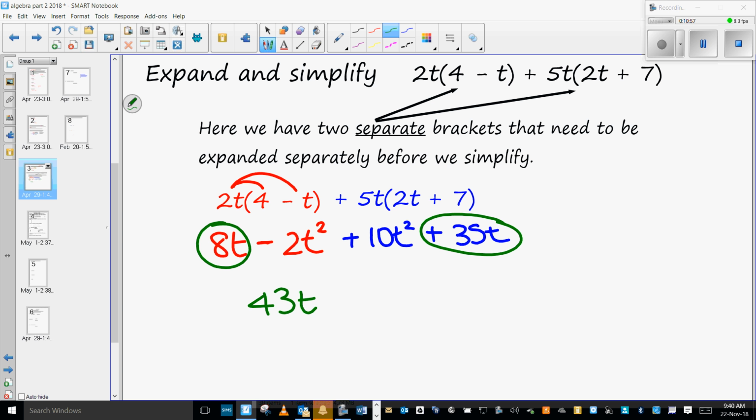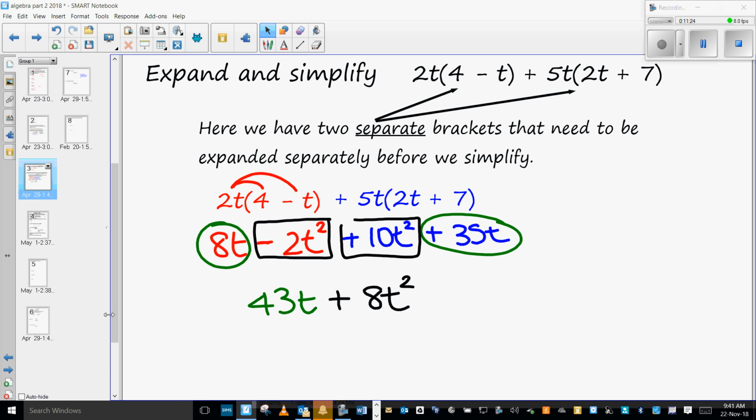Not t squared, remember the sign doesn't change. And then 2t squared. Now, be careful here though, because look, what's the sign in front of this one? Negative. So we are starting at negative 2. So picture the number line, starting at negative 2, and we're adding on 10. Good girl, Sarah. So it's going to be plus 8t squared. And there we have it.